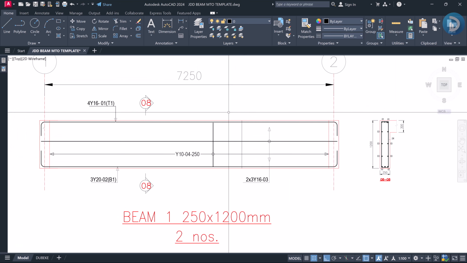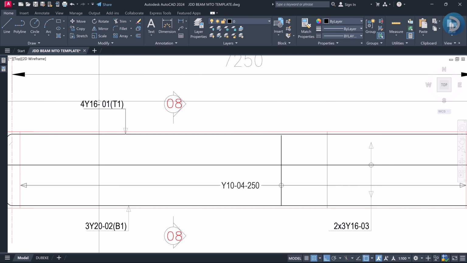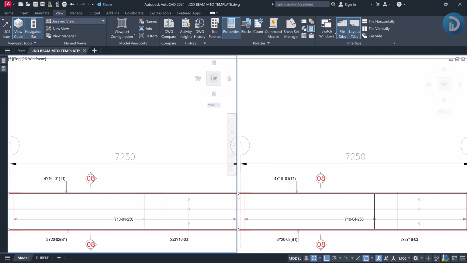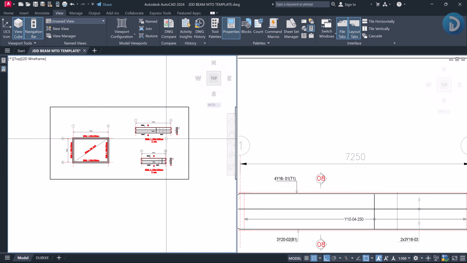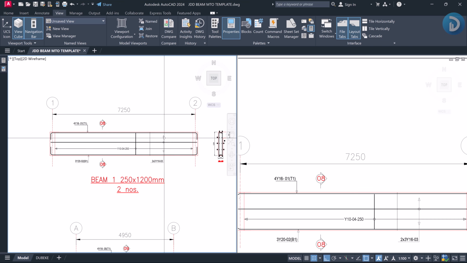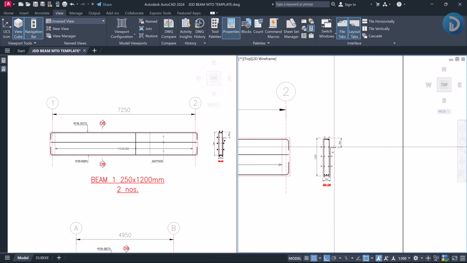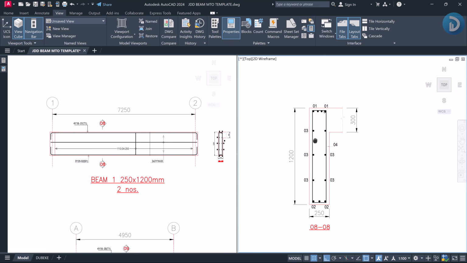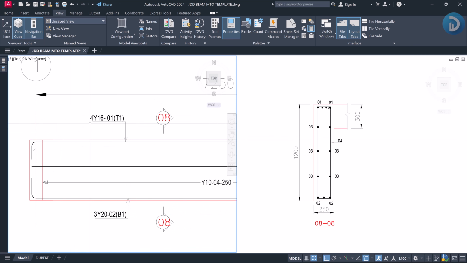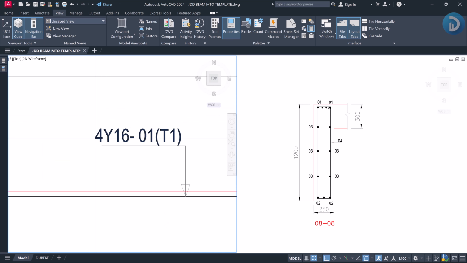Okay, so for the bar mark 01, permit me to divide this screen. Let's take this to the left hand side, and let's keep the section drawing at the right hand side. So for our bar mark 01, we have it to be 4y16, 01 and T1, right?